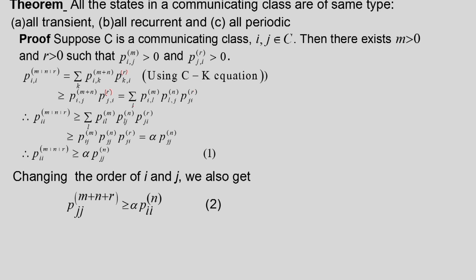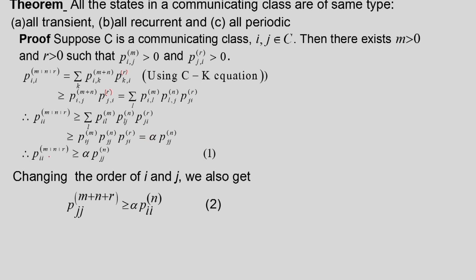Since it is a summation over l, we consider only one value of l, suppose l equal to j. Then this quantity is greater than or equal to P_ij^m into P_jj^n into P_ji^r. Now I know that P_ij^m is non-zero and P_ji^r is non-zero, and their product we can write as alpha. So it will be P_jj^n multiplied by alpha.